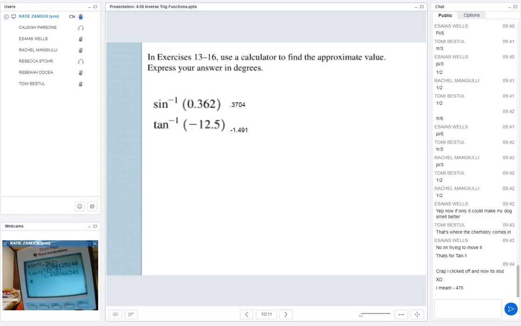Right, did I get the same thing? 0.3704, negative 1.491. Looks good.